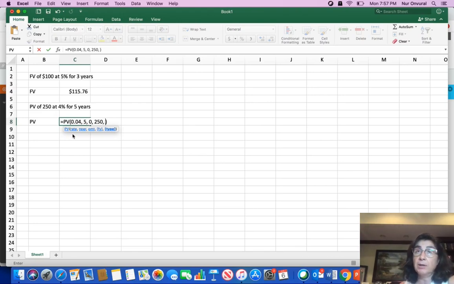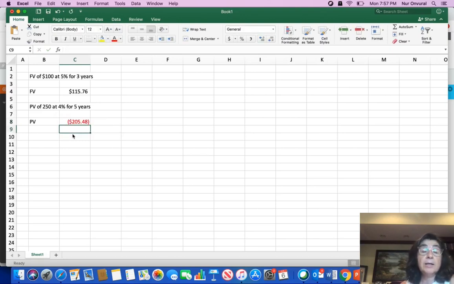As you can see, I'm not entering the future value as a negative, but I'm entering that as a positive, and then the value is returned to me as a negative value. But that should not alarm you, as this is how Excel is created.